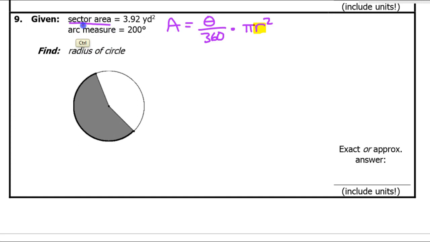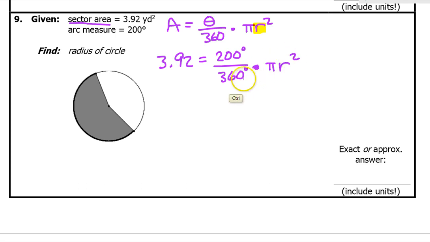So let's see. The sector area is 3.92. So that goes first. So 3.92 equals. The arc measure is 200 degrees. That's theta. Sometimes they will call it arc measure. Sometimes they will call it the central angle. Those will be the same. Okay, times pi r squared.